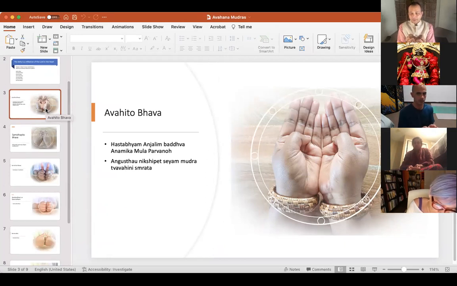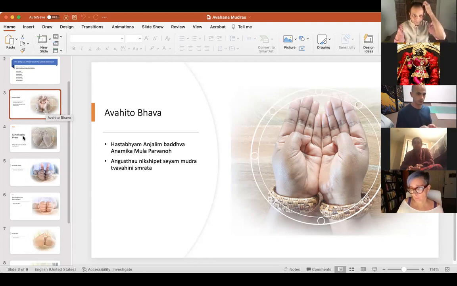By cleansing and purifying ourselves, remember, mudras are the last step. It means I have eaten well, slept well, purified well, behaved well. And when I do all of that, and then do this set of puja or worship, that's when it becomes very effective. So this is avahito bhava.